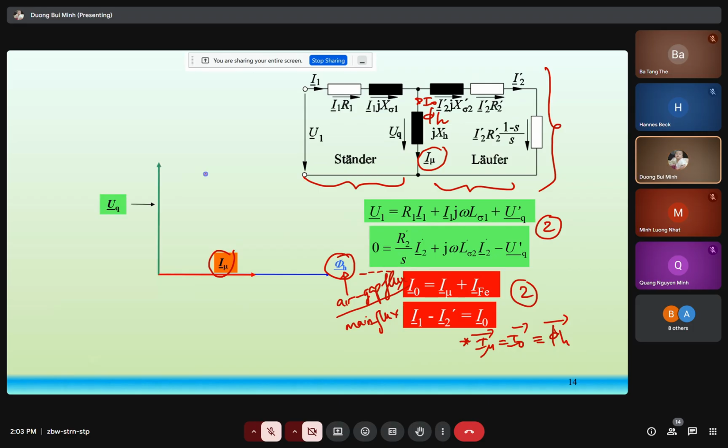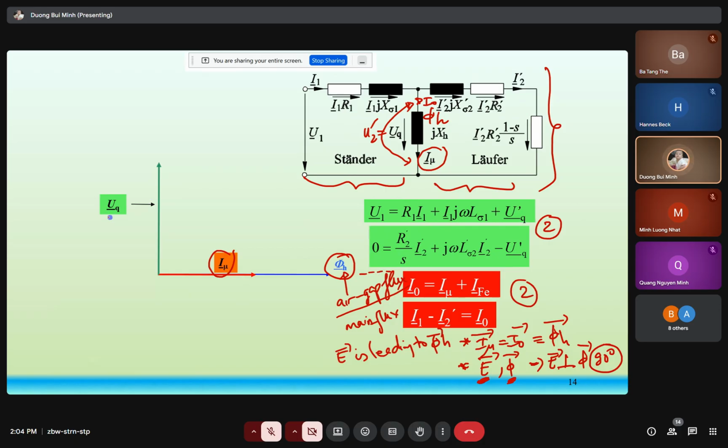The voltage here we say U2 prime, or E2 prime. E is the internal voltage and phi is the magnetic flux, so E is always perpendicular to phi, 90 degrees. E leads phi x by 90 degrees.